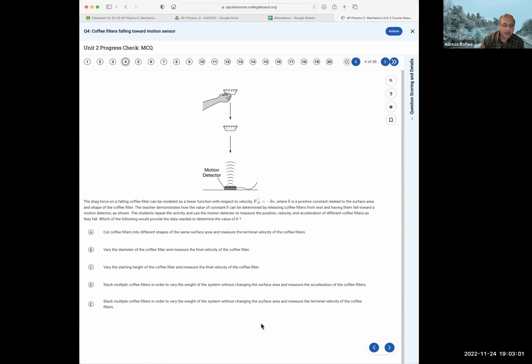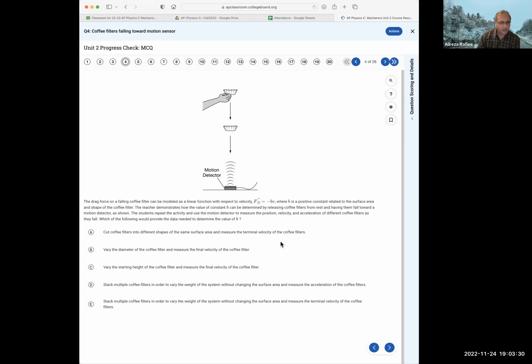Now it says that this air resistance, this drag force, is equal to minus bv, meaning the drag force increases or decreases with velocity. The higher the velocity, the higher the drag force in the direction opposite to velocity. That's the meaning of this equation. It's linearly changing with velocity. b is a positive constant relative to the surface area and the shape of the coffee filters.